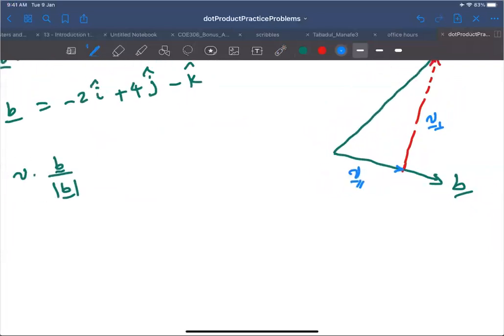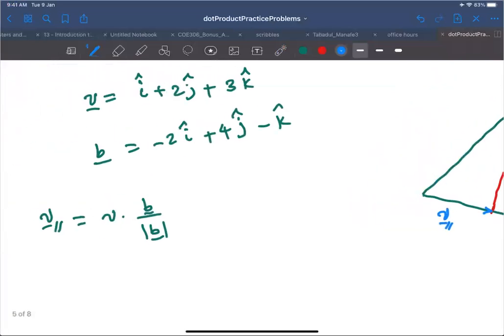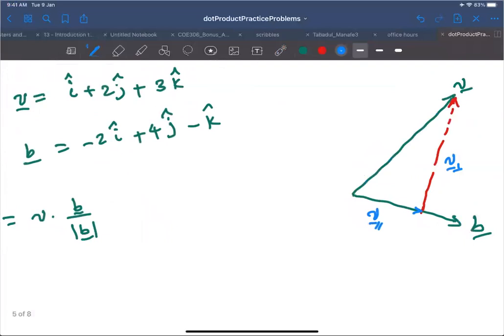And this is the perpendicular component, denoted by V perpendicular. The parallel component is nothing but the vector projection of V onto B.